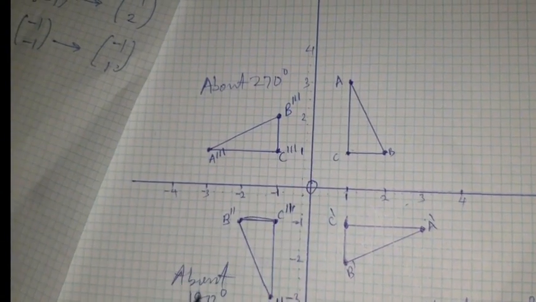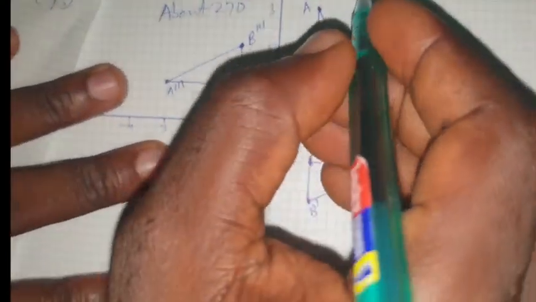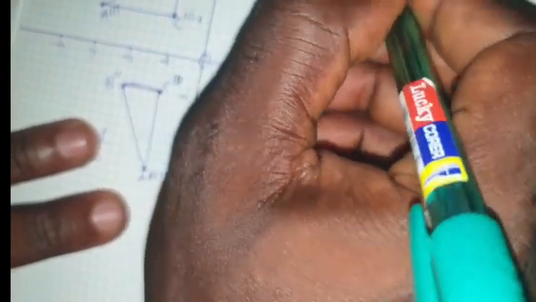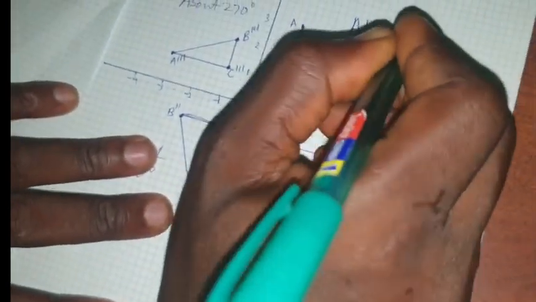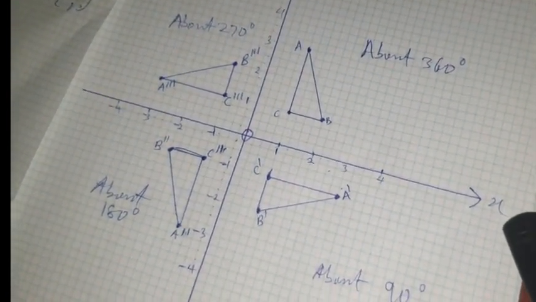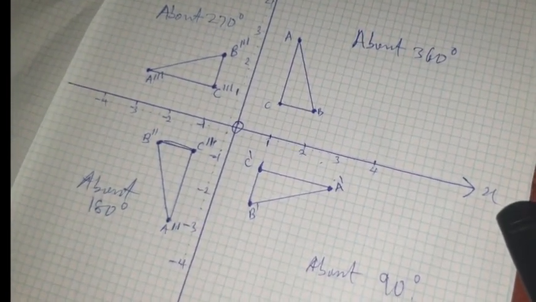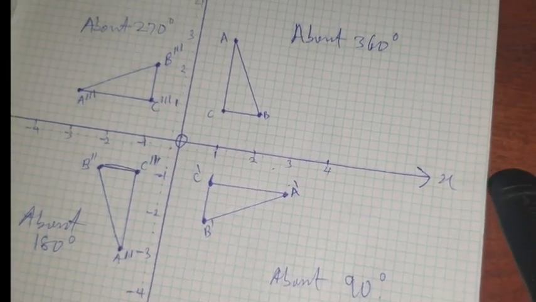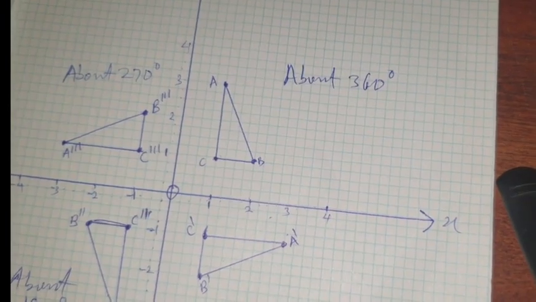So the original position is also the same thing as about 360 degrees rotation, moving in a clockwise sense. So this is how to rotate an object in any given problem.